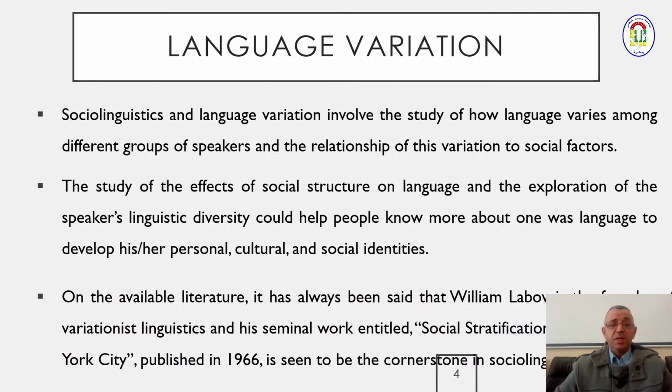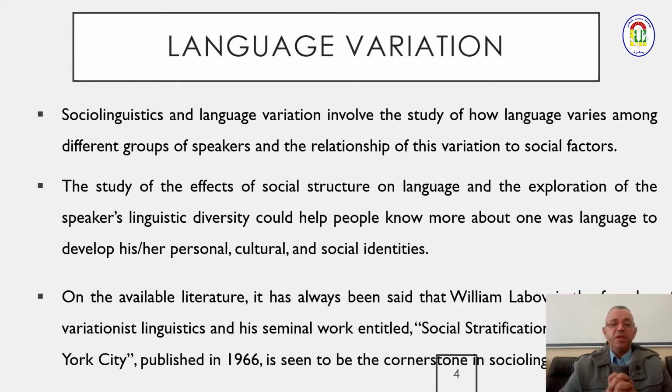Now, what is meant by language variation? We can say that language variation is about sociolinguistics that involves the study of how language varies among different groups of speakers and the relationship of this variation to social factors.